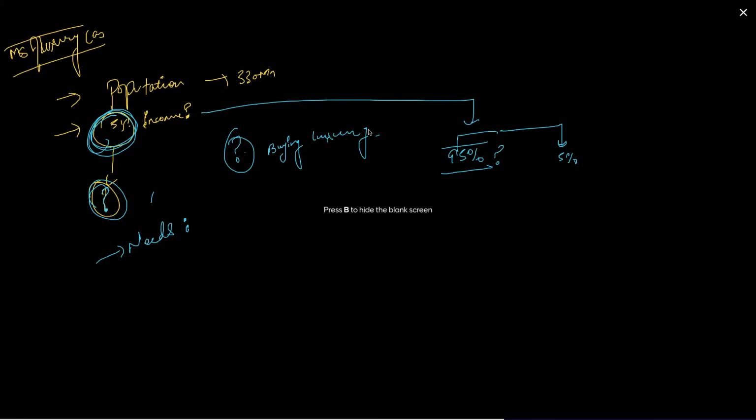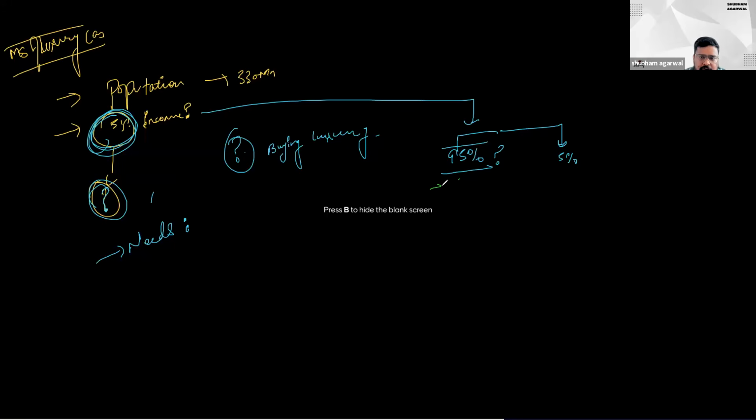They might be willing, but yeah, it's a possibility, yes, to look rich or maybe some other factors. What factors would you think out of these 95%, some people would actually buy luxury cars? This 5%, okay, I get it. But tell me about this 95%.